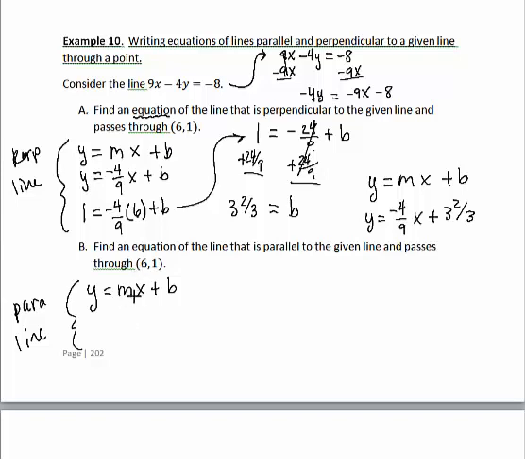We plug in our parallel slope. So this is m parallel, meaning it has the same slope as this original line, which was 9/4. Now we take the coordinate (6, 1) and we replace the x and y of our equation.